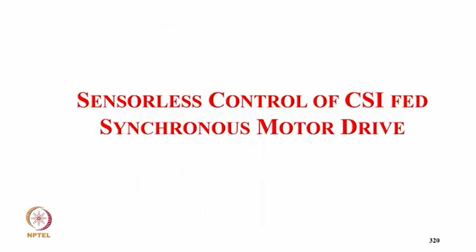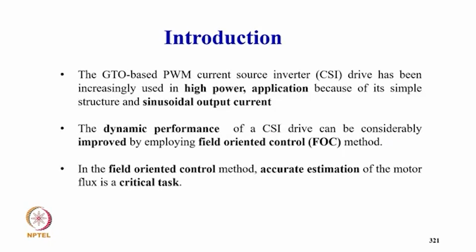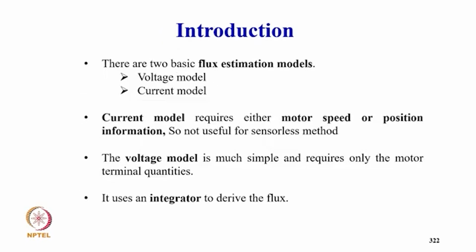Now coming to sensorless control of CSI fed synchronous motor drive. The GTO based current source inverter drive has been increasingly used in high power applications because of its simple structure and sinusoidal output current, and the dynamic response performance of a CSI drive can be considerably improved by employing the field control method. In the field control method, accurate estimation of the motor flux is a critical task.